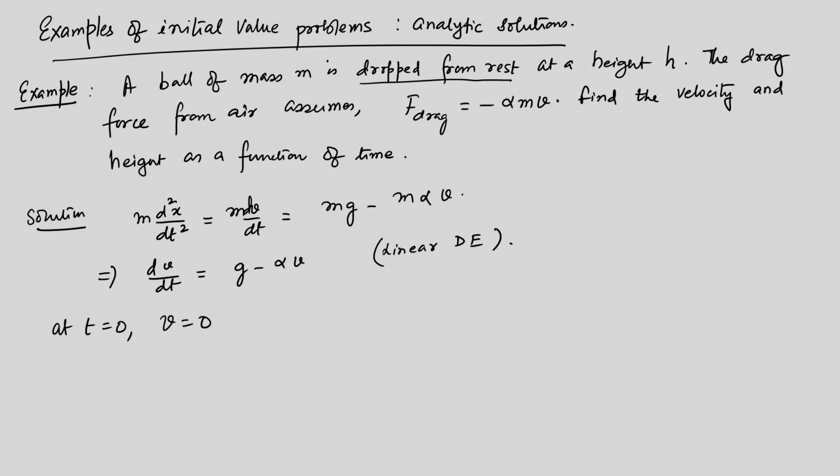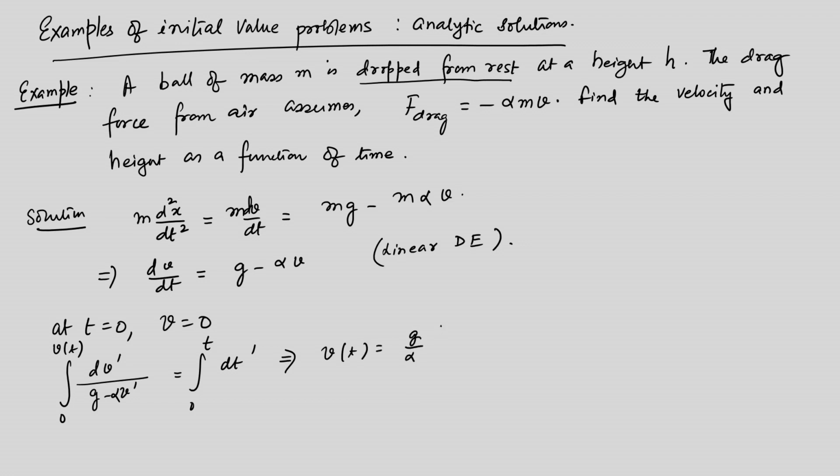So, we have to solve for v from 0 to v as a function of t, and as we have said earlier, we will use a dummy variable here: the integral of dv prime over g minus alpha v prime equal to the integral from 0 to t of dt prime, and if you integrate it, it becomes v of t equal to g over alpha times 1 minus exponential of minus alpha t.